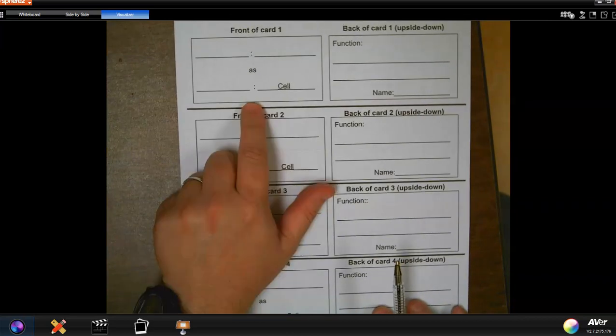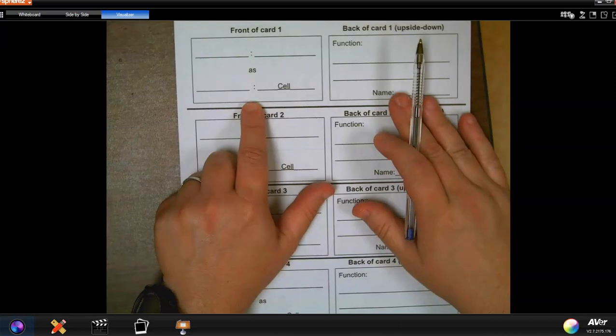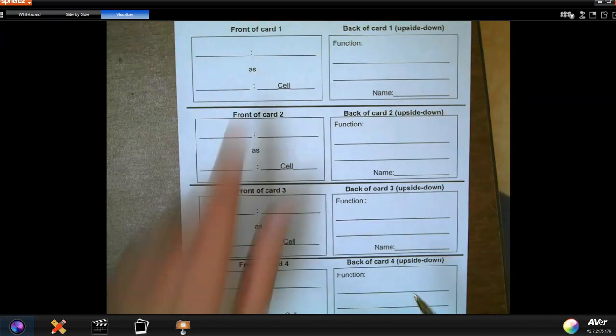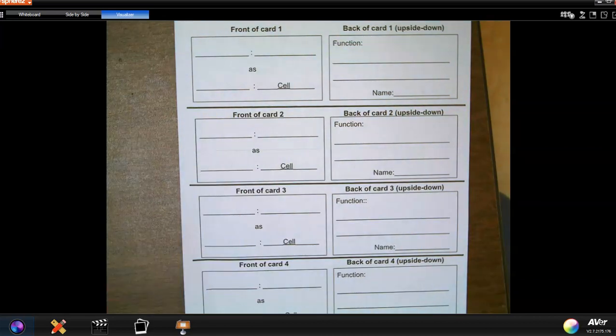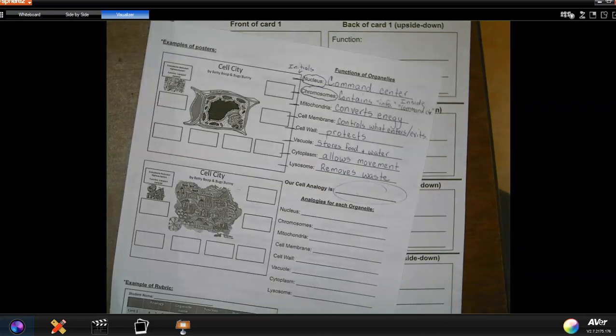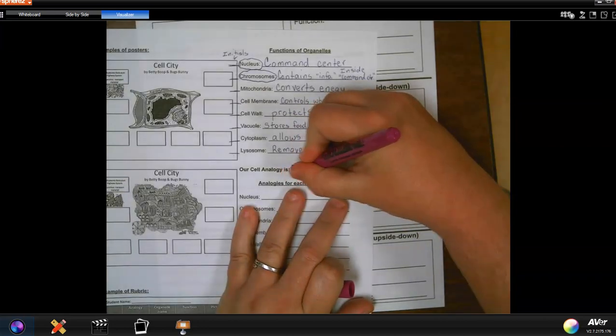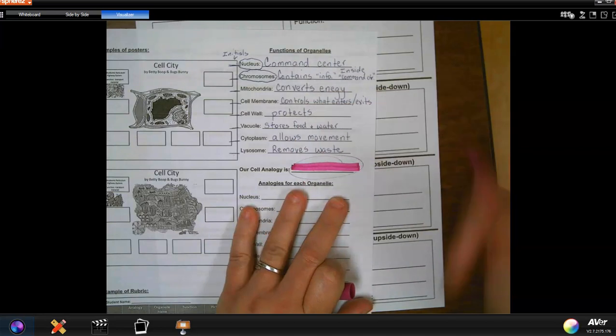This would be the front side. This would be the back side. Notice this is set up the way a proper analogy is written. So first, let's do your cell analogy. That's whatever you wrote here. Now please keep in mind, whatever you wrote here, you are not writing the word cell in front of it.